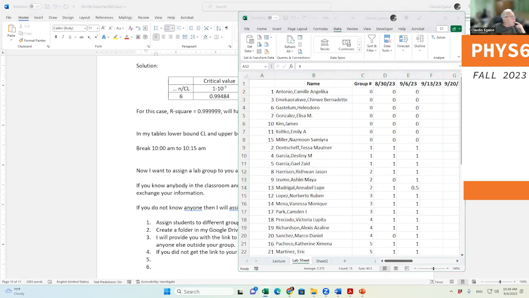I just sent via Zoom chat. Did you get it? The link was sent to you, Norberto, through the chat box. Did you get it? Okay, good. And now it's just a matter of sharing this link with your group members.